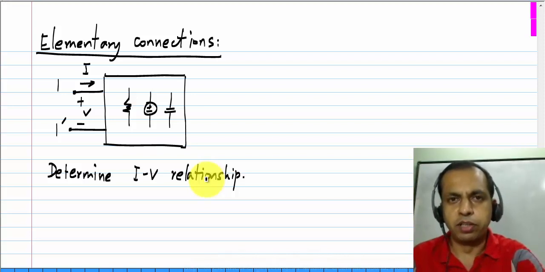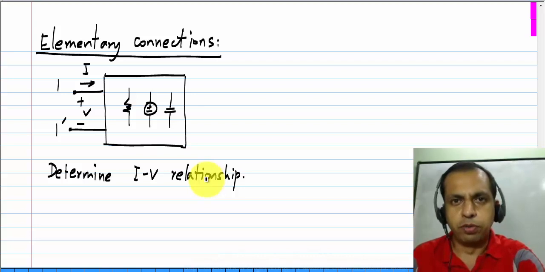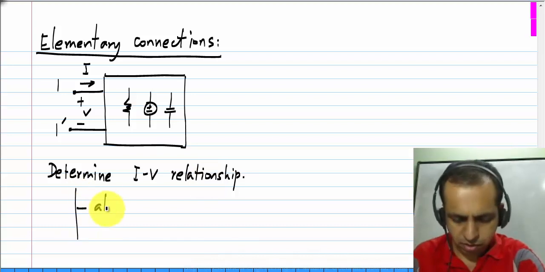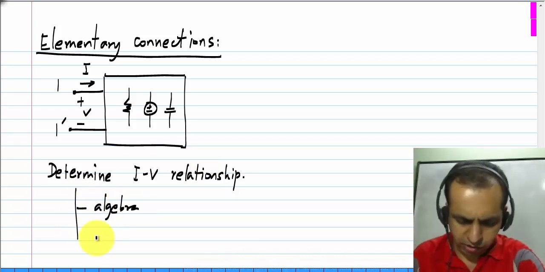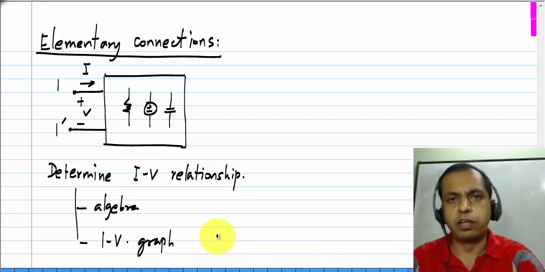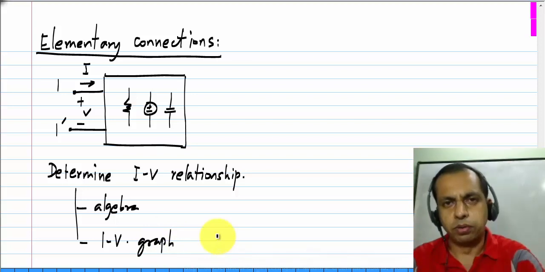For single elements, we saw that we could either specify algebraically, such as Ohm's law, when we say V equals IR, or we could draw a straight line in the IV plane with a slope of 1 over R. Both of these correspond to a resistor. So, sometimes one is more convenient than the other, and we are going to use that one.